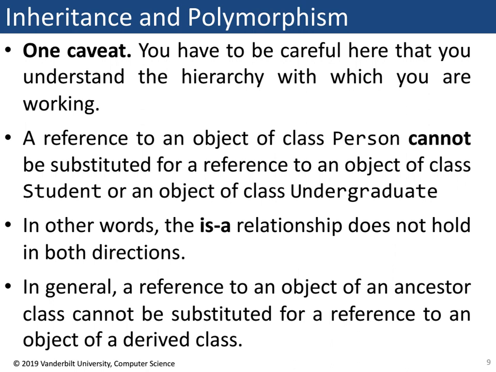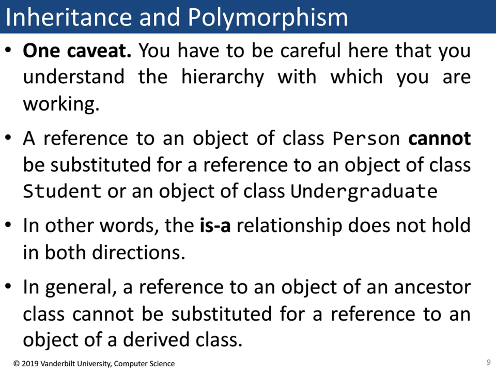So a person is not necessarily a student. A student is not necessarily an undergraduate. So therefore, if a method expects a student object, we can't pass it a person. So you have to make sure you understand the inheritance hierarchy, because it only goes one direction.